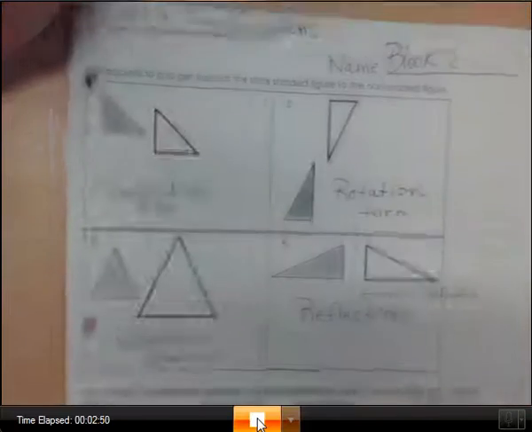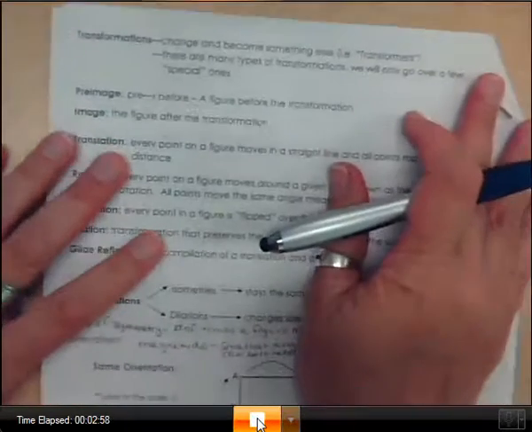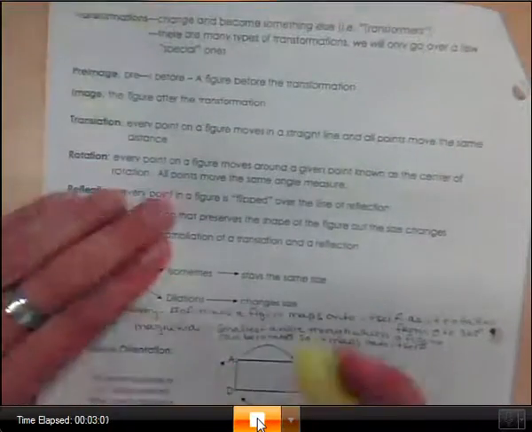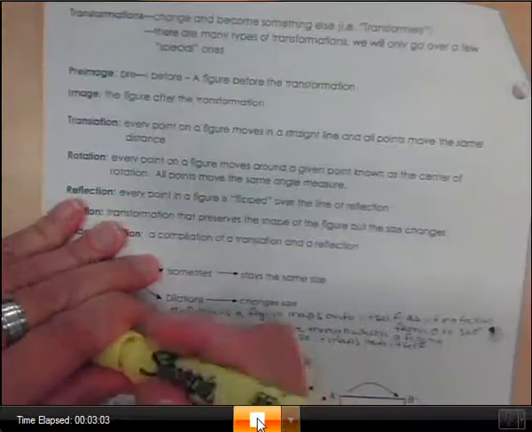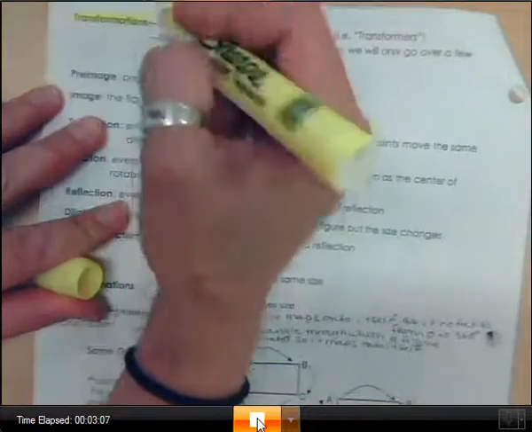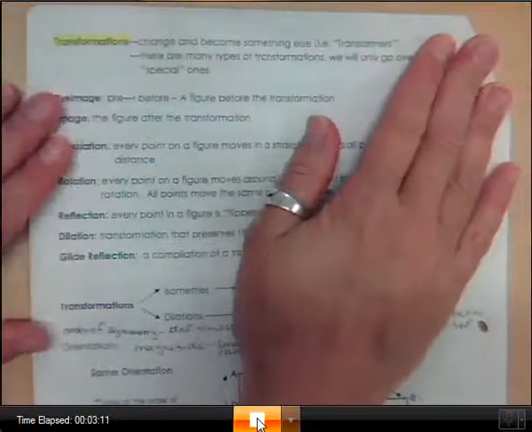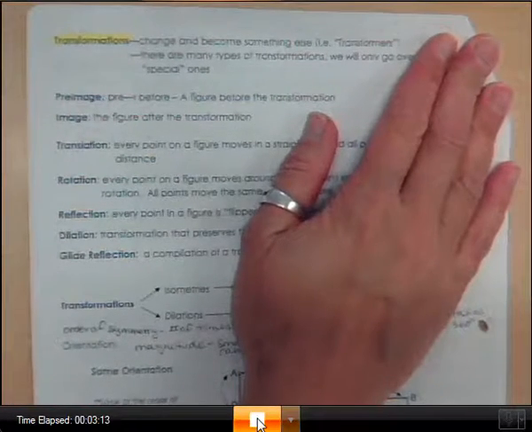And on page 2, we've got some vocab words. This is a nice summary of vocab for you. These are all words that you're responsible for. A transformation is kind of like the overall. A rotation is a transformation.